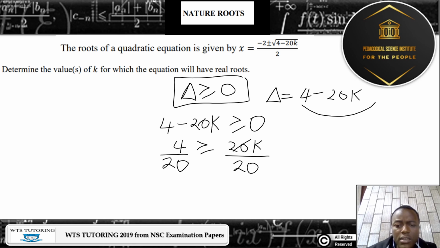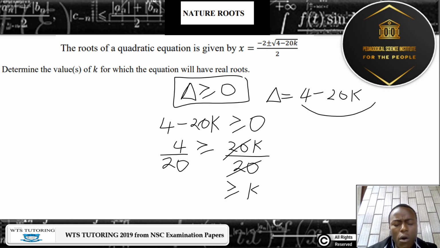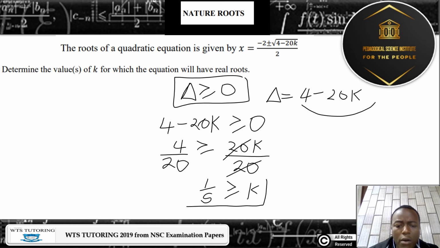The 20s cancel out, then k will be less or equal to 4 over 20, which is 1 over 5. So our k must be less or equal to 1 over 5. That is all the values of k that will ensure that the equation will have only real roots.